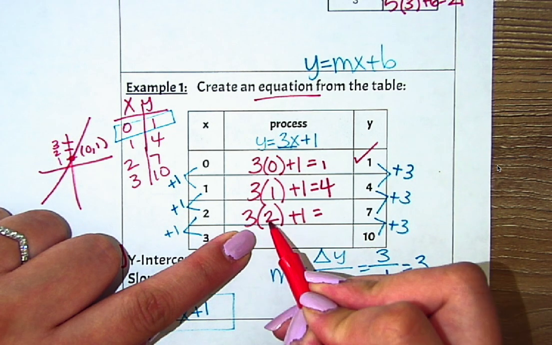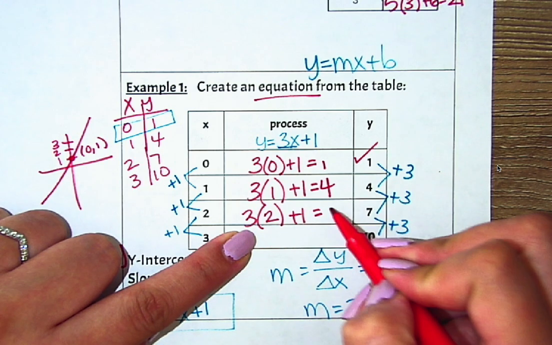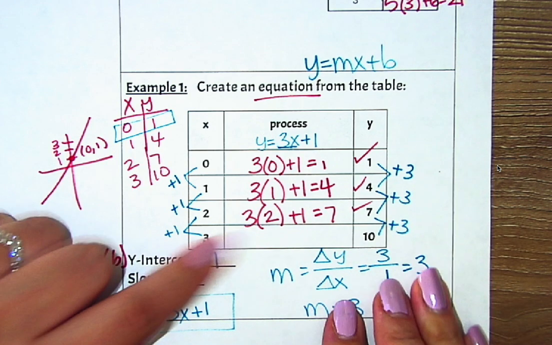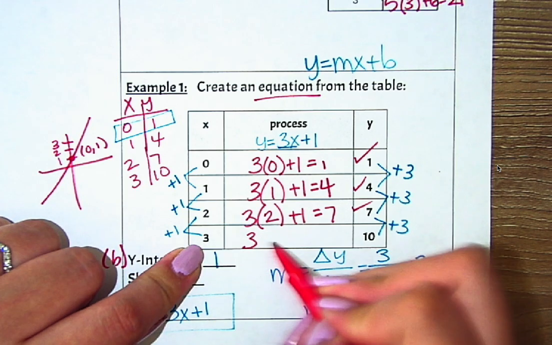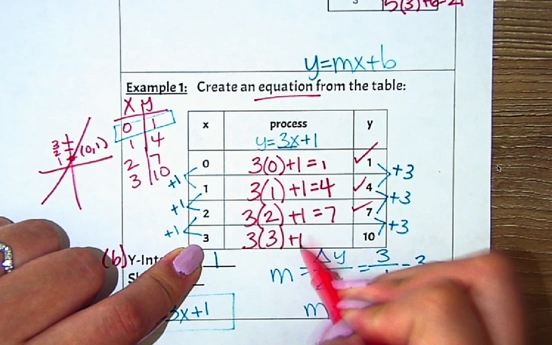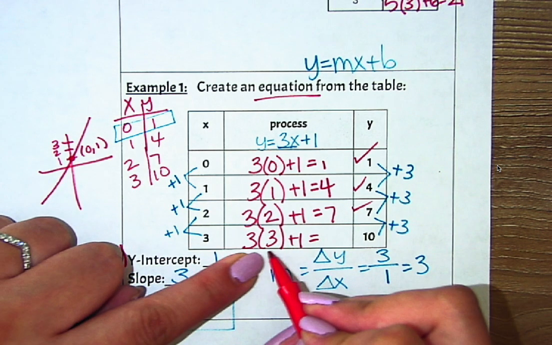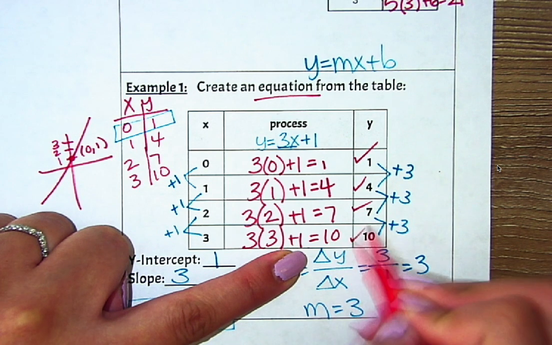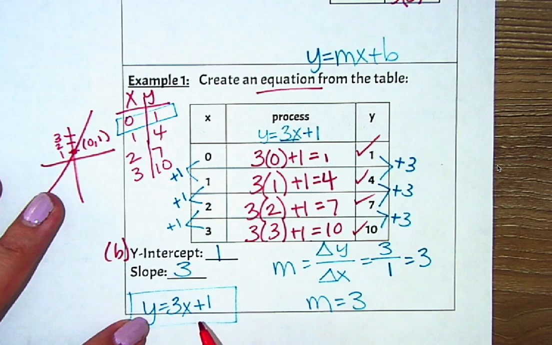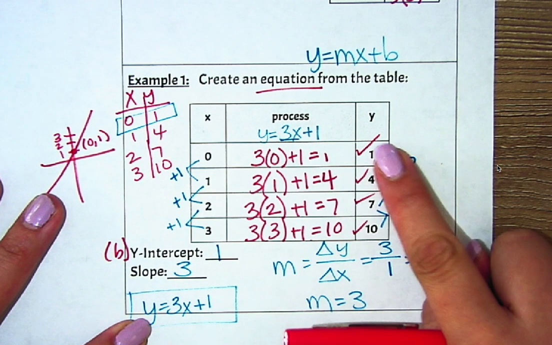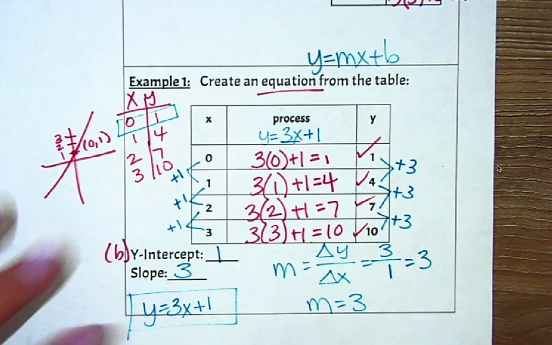So 3 times 2 is 6, plus 1 is 7. You see how those check out? The last one should be 10, right? So 3, I'm plugging in my x value, plus 1. So 3 times 3 is 9, plus 1 is 10. Okay, so that's how I know that this is the correct answer. Y equals 3x plus 1. Because when I checked myself, all of the y values were the same.